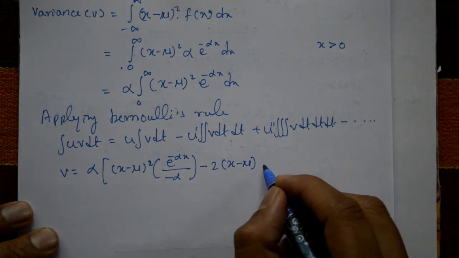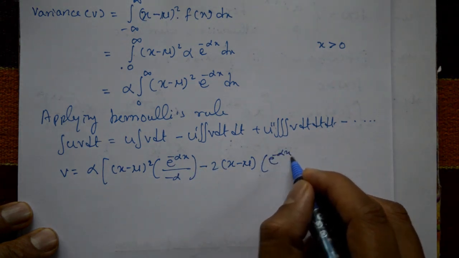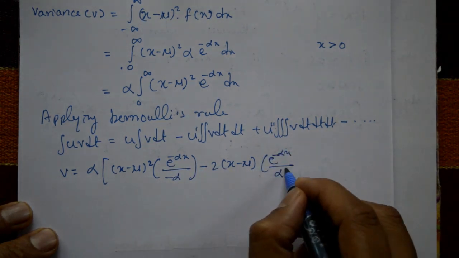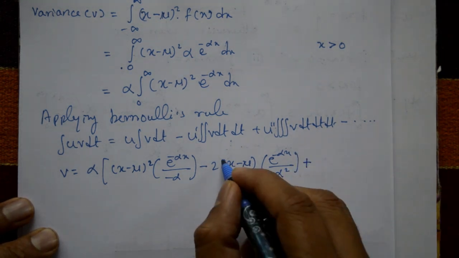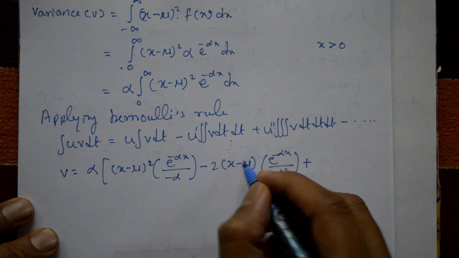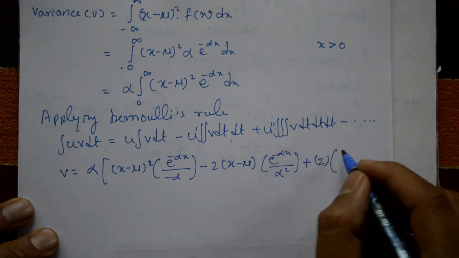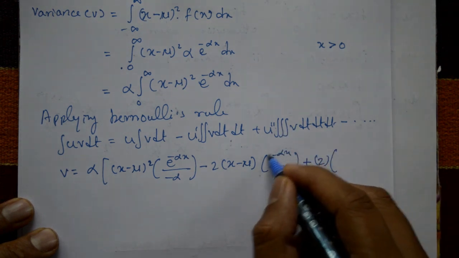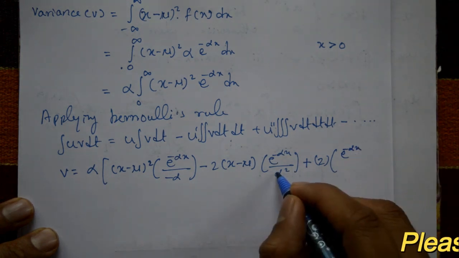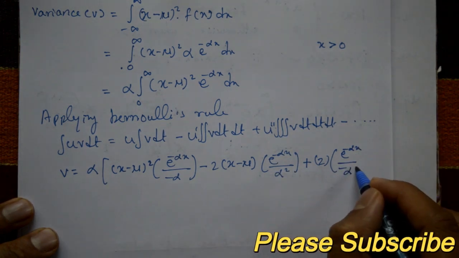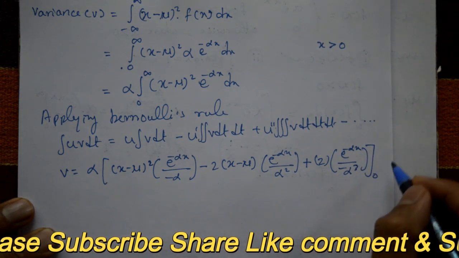Now again you integrate this part only, e raised to minus alpha x divided by one more minus alpha, is a plus alpha square, plus, differentiate this part, mu is a constant so 0, 2x differentiates to only 2, again integrate, e raised to minus alpha x divided by one more minus alpha, into this alpha square, means minus alpha cube, with limit 0 to infinity.